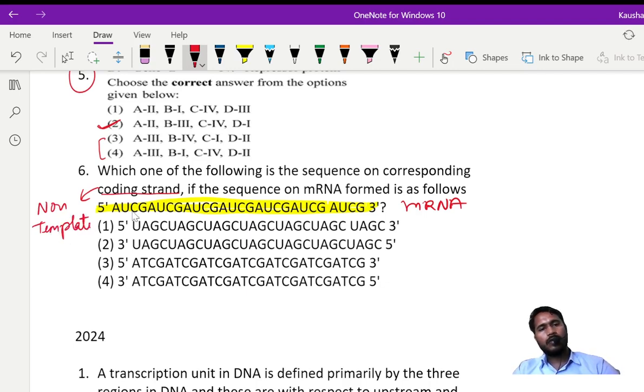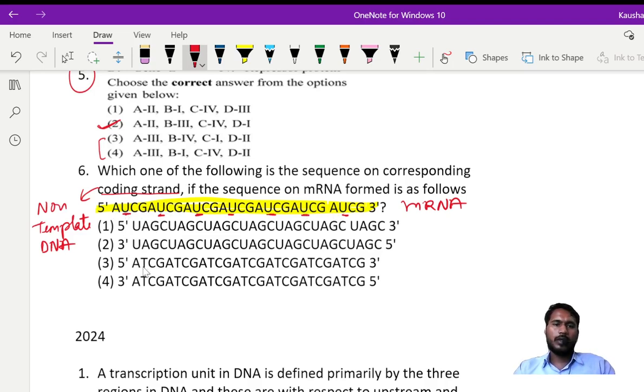So you just replace this U with T, then you'll get the coding DNA, because coding is in the DNA, and DNA doesn't have uracil, so you replace it with T. The priming will be all the same, 5 prime to 3 prime only. Just see 5 prime to 3 prime.